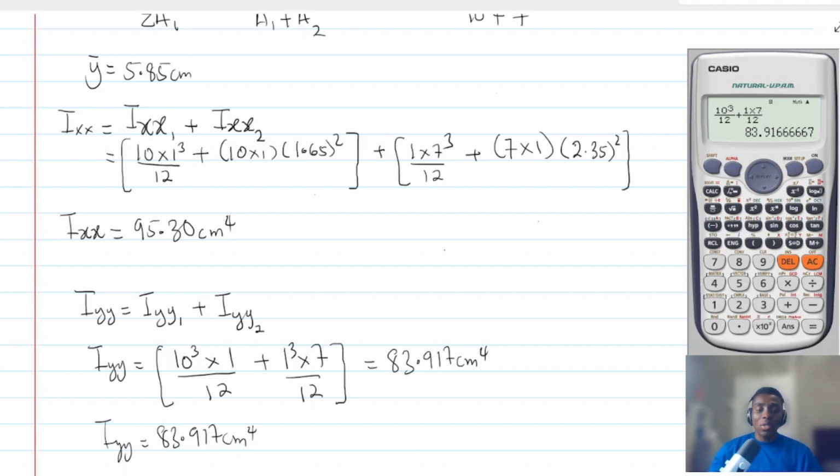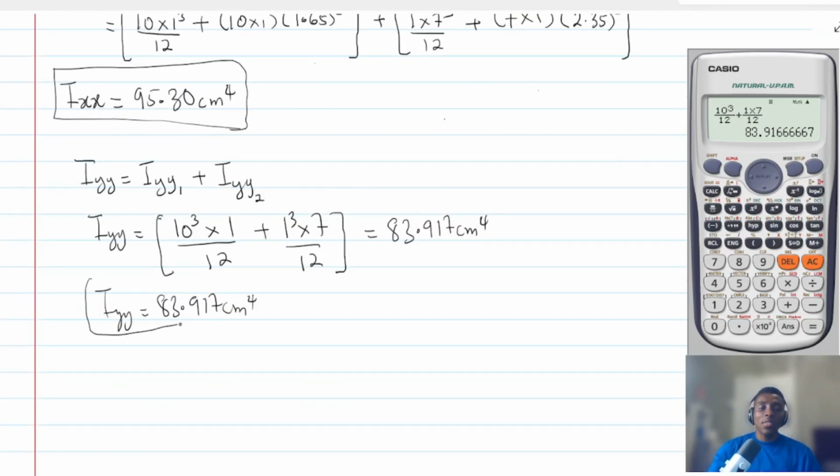Now, you ask yourself, this ISS and this IYY, which of them is least? Or in other words, which of them will occur first? We have 83 and we have 95. As a matter of fact, 83 will occur before 95. So the I which we will use in our calculation will be the least, which is the small one, because that is what is critical or is going to happen first.